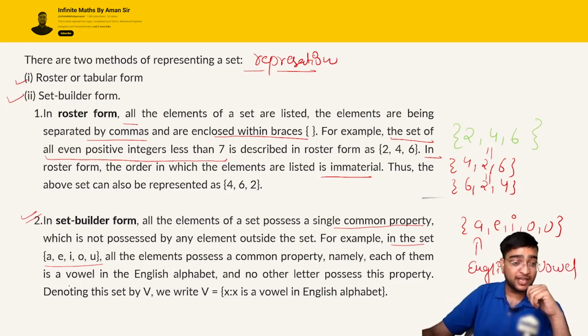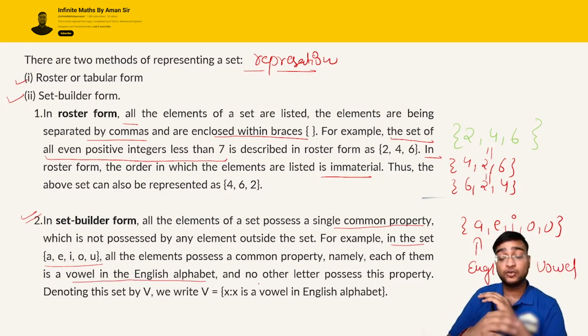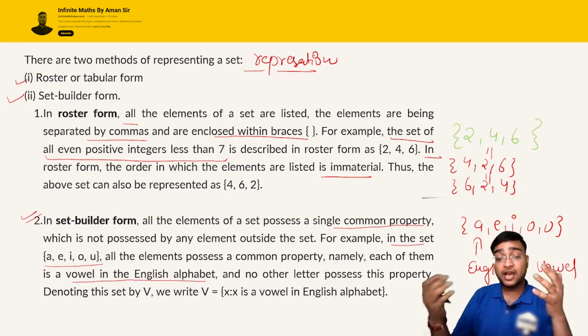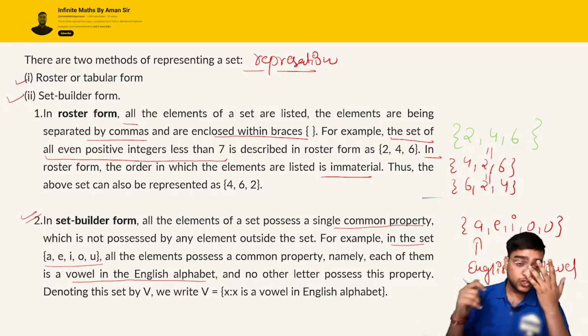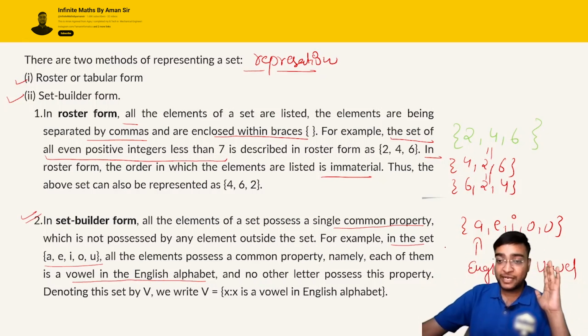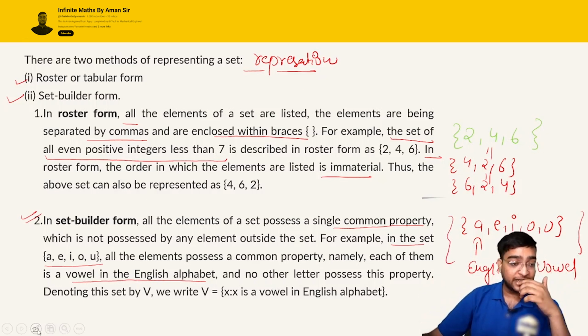Namely, each of them is a vowel in the English alphabet. No other letter possesses this property. So for this example, we can give the set builder form.